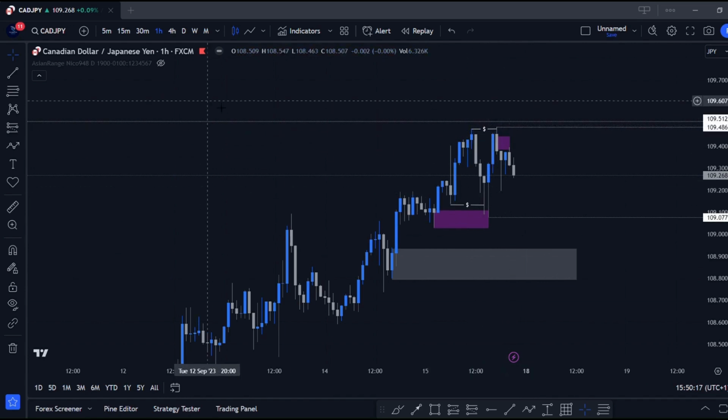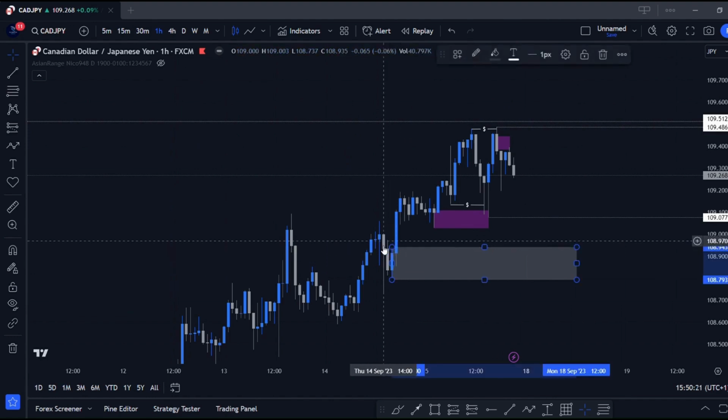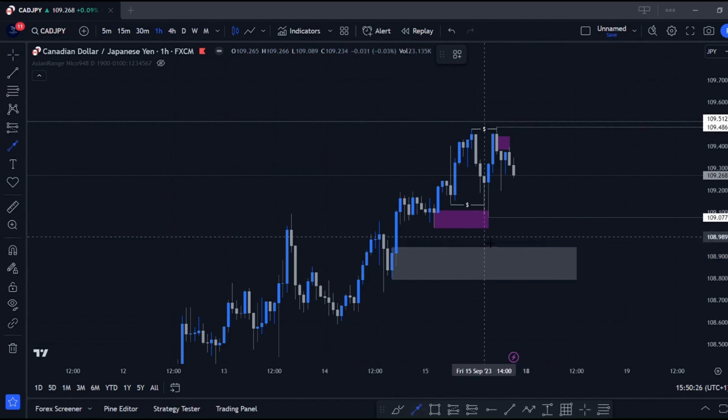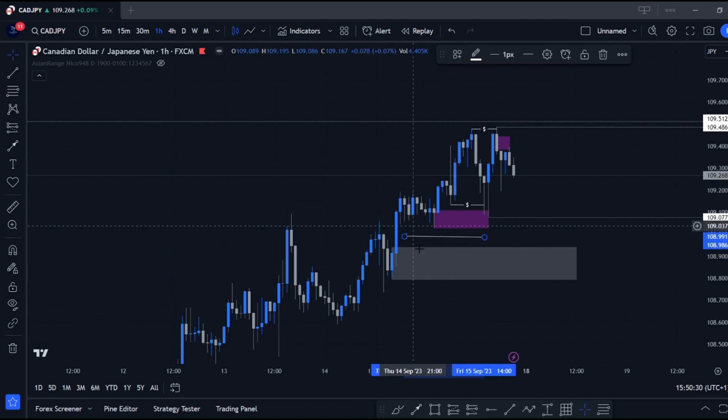So now that we've identified a key area of interest that I'm expecting price to push down to, because we have a nice imbalance or fair value gap, which normally means there was a huge momentum that caused an inefficiency in price action.